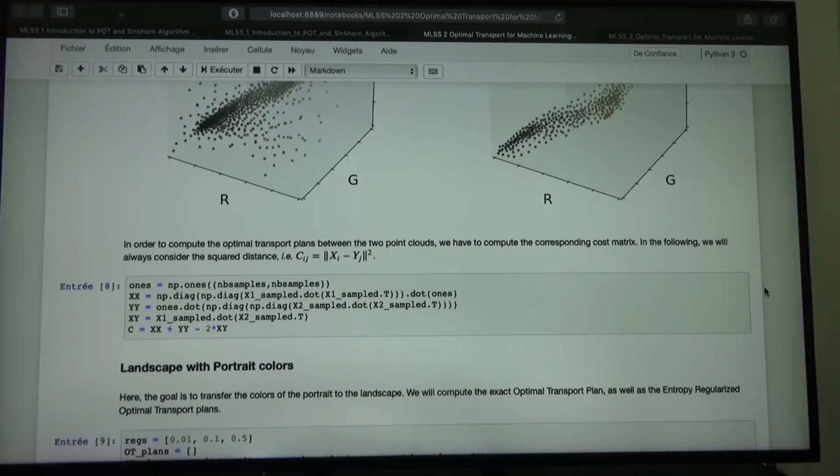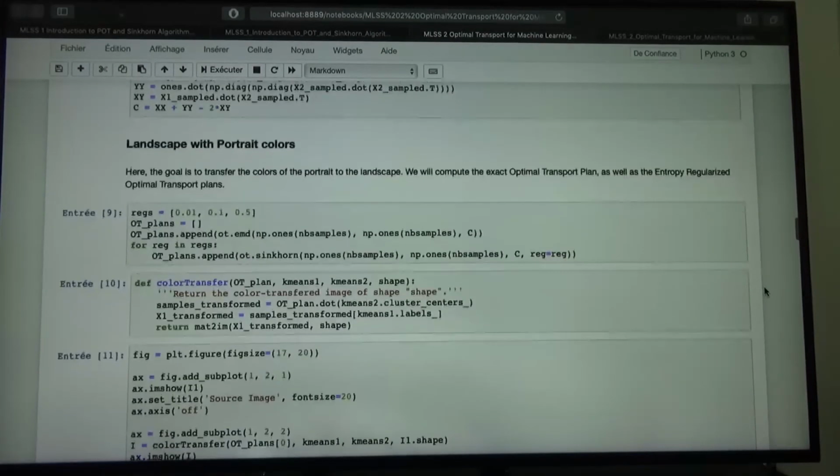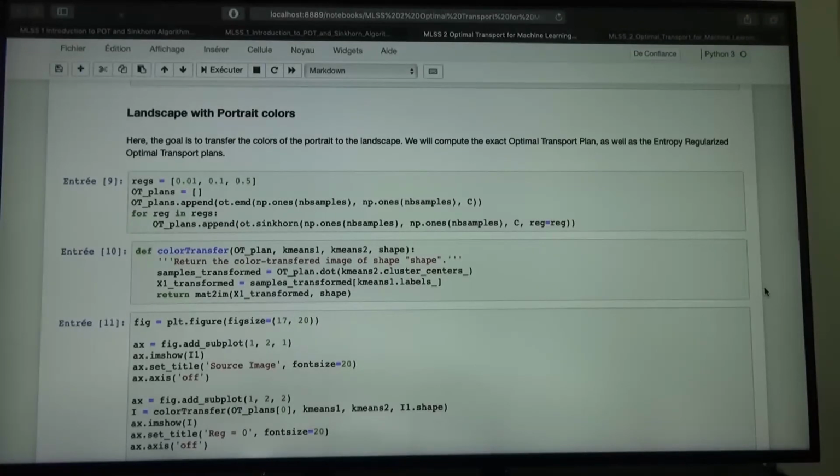Okay, so we can compute it. You can do your double loop, or you can use some more interesting, faster methods, but you get this cost matrix. And now we're just going to compute the optimal transport between our two measures with our cost matrix.